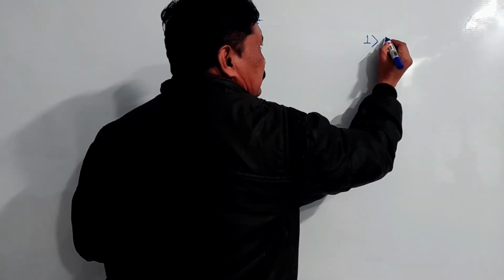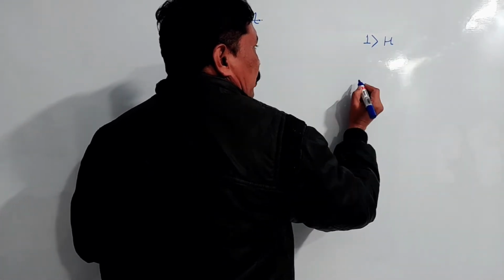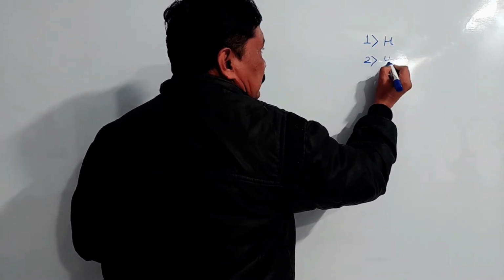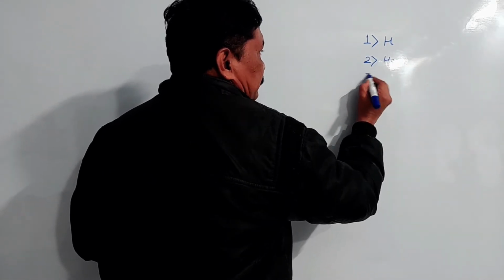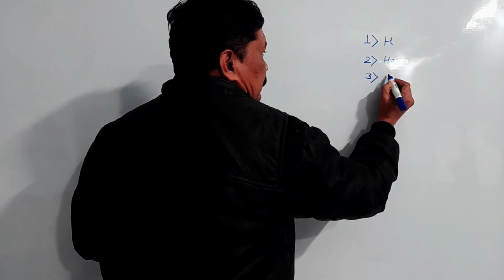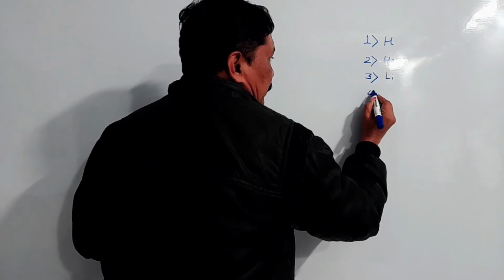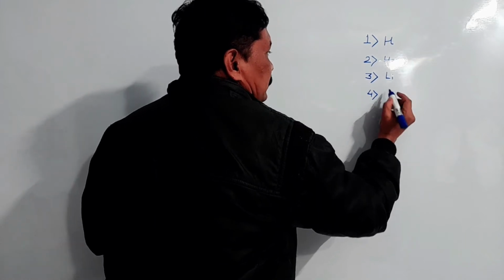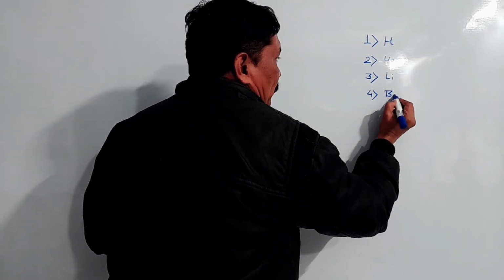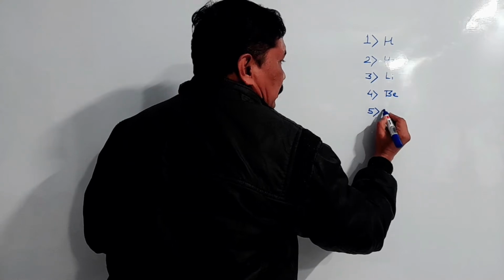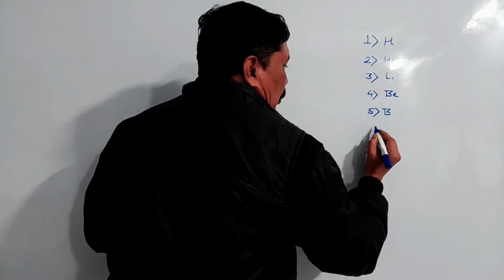At the first place, hydrogen is given. Second place, helium. Third place, lithium. Fourth place, beryllium. Fifth place, boron.